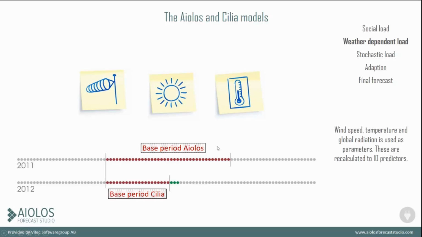But in the base period for Aiolos, you're jumping up 1 year and looking at the previous year instead for those days. And if the Celia base period is missing data for this period, it will automatically also jump up to the next year and act like an Aiolos model.